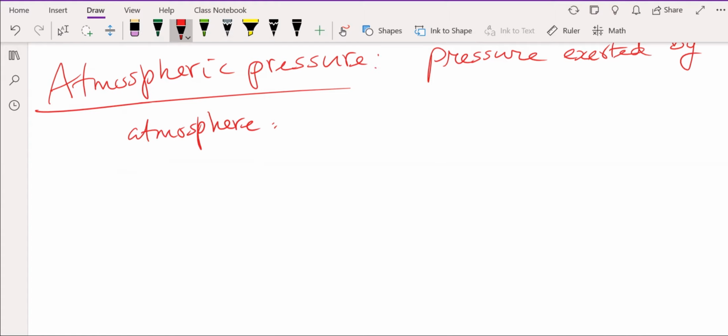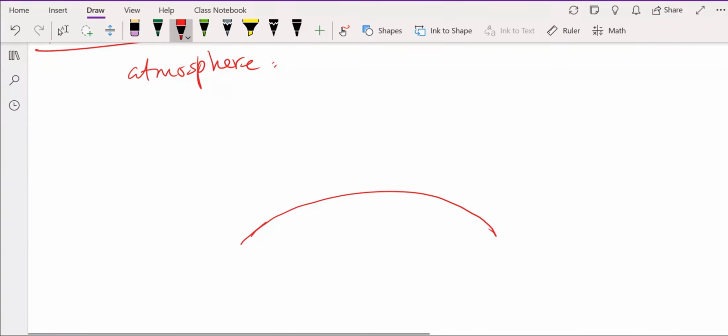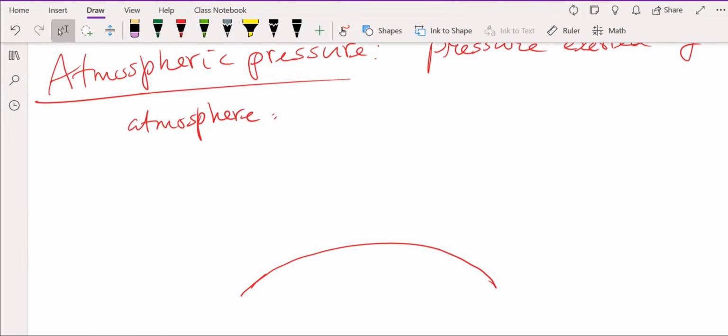So this is the earth. I'm not drawing the whole earth. That's the earth, and the atmosphere is just like that. Atmosphere is just a little layer. So what is up above the atmosphere?